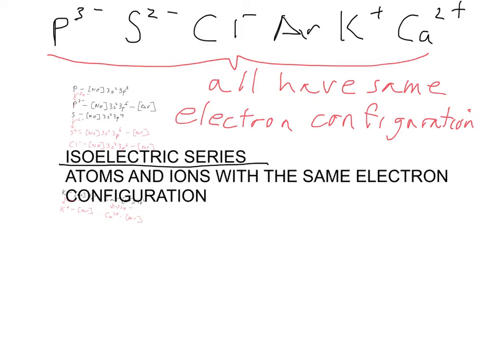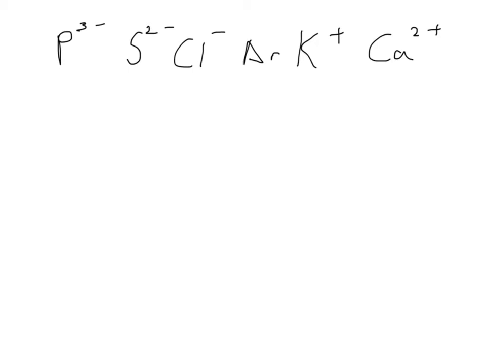That can lead us to a pretty startling conclusion when it comes to some periodic properties, mainly the periodic property of ionic radius. If we look at this series here, all the ions and atoms in this series have the same number of electrons.